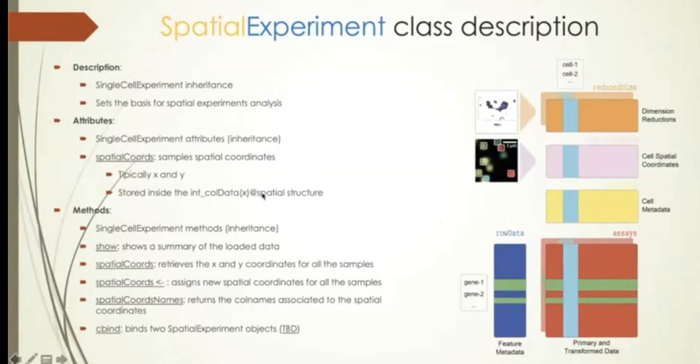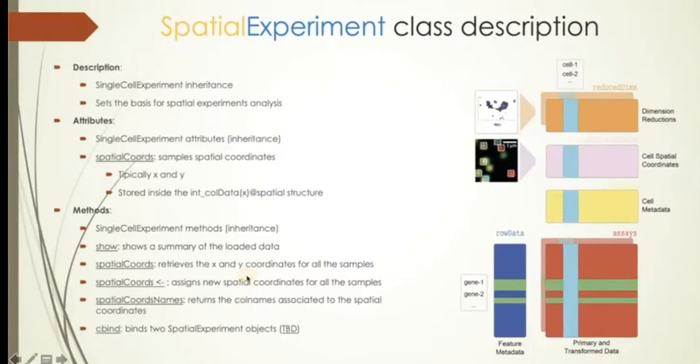And additionally, of course, we designed multiple methods for getting and setting these attributes. We are still working on other methods for this class, such as the cbind method, where we will be able to bind two spatial experiment objects.